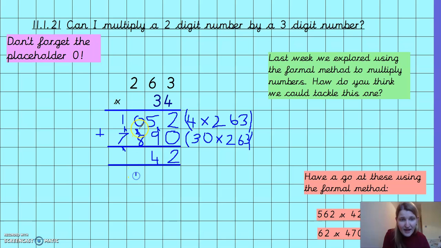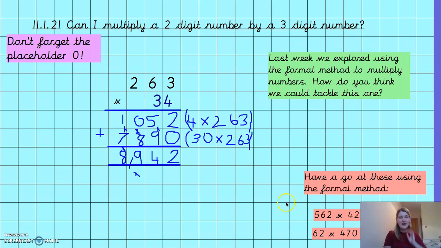Carry the 1. 8 add 0 is 8 plus the 1. Cross it out to remember. Is 9. 1 add 7 is 8. So the answer should be 8,942. Okay, so I'm just going to wiggle these over because I've got a feeling my big old head is in the way. But there we go, that should be right.